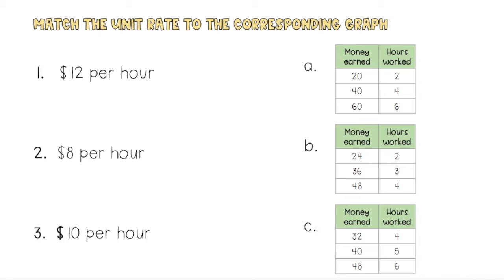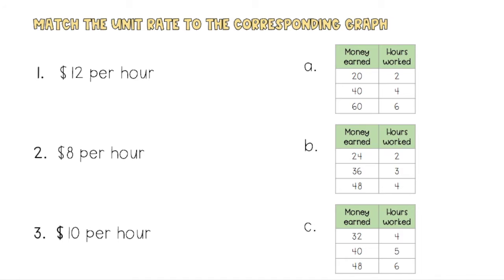Let's match the unit rate to the corresponding graph. So each of these graphs are going to show their own unit rate. It could either be $12 per hour, $8 per hour, or $10 per hour. So let's take a look at our first graph to decide our answer. You can earn $20 in 2 hours, $40 in 4 hours, or $60 in 6 hours.